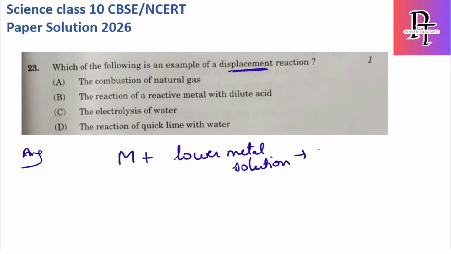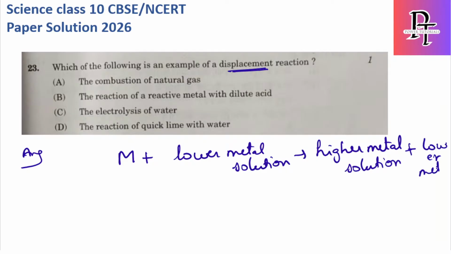The higher metal solution will be formed, and the lower metal will be removed out. Higher and lower, I am talking about reactivity. This is displacement. Let's see the options. Combustion of natural gas is not a displacement reaction. The reaction of a reactive metal with dilute acid. Yes, this is correct.